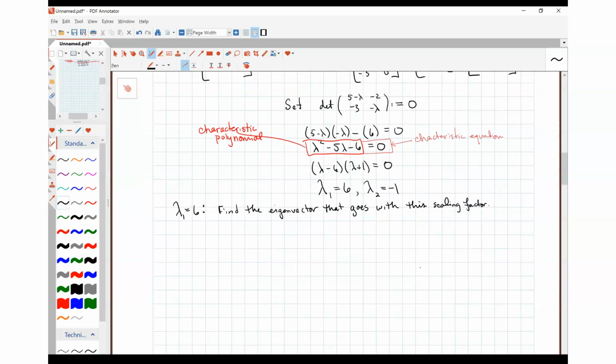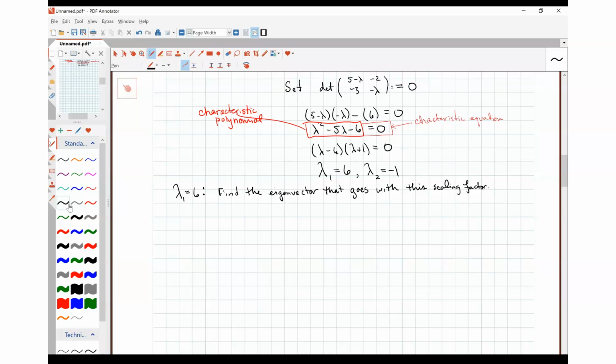So that means that we're looking for the direction that will make this true. So what vectors have this property? And again, I guess I can write our A down again. Our A was 5, minus 2, minus 3, 0. Right, so we're looking for the vectors that when we multiply them by our matrix, we just get the same vector again, but stretched out by a factor of 6.